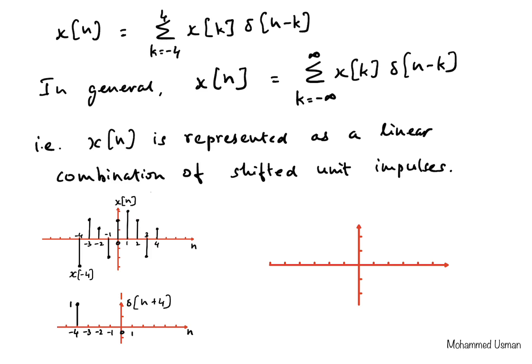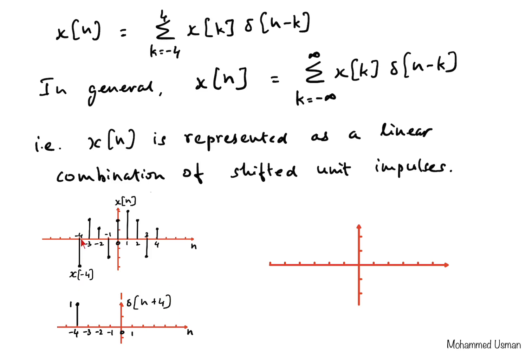So when we multiply these two, what do we get? We will get a non-zero output for this product only when n equal to minus 4, or when this argument is minus 4. When k is minus 4, we have x of minus 4 and correspondingly delta of n plus 4.